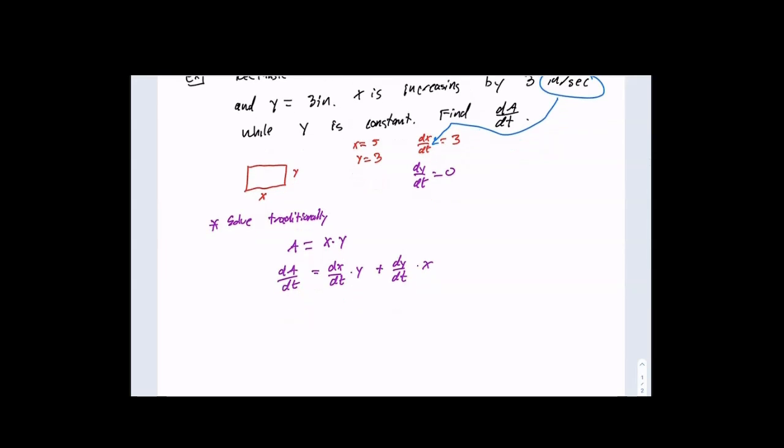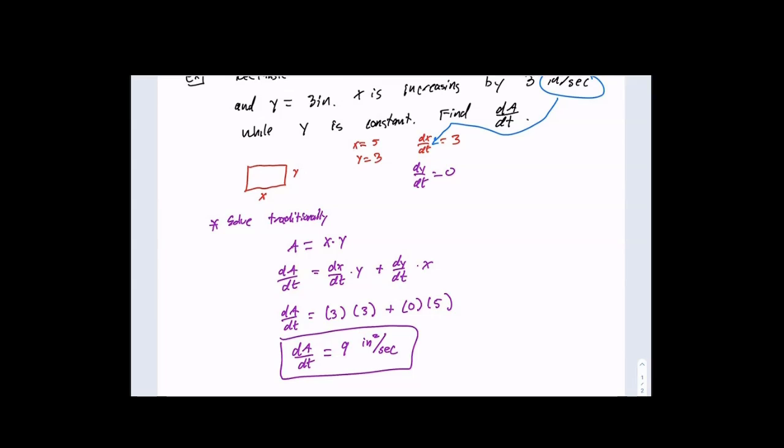I want to find dA/dt, so dA/dt is equal to 3 times 3 plus 0 times 5, which gives me dA/dt equal to 9 inches squared per second.